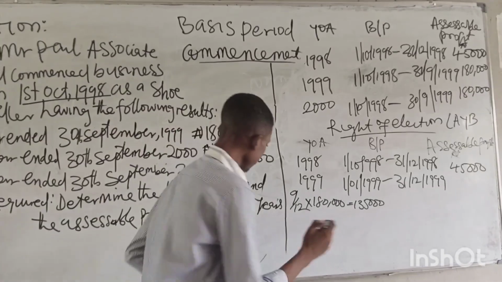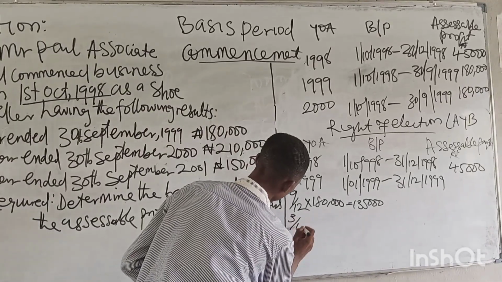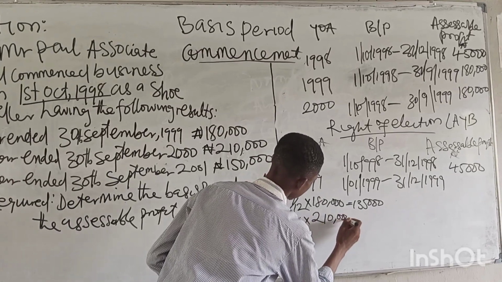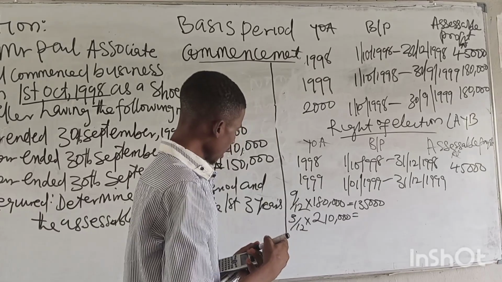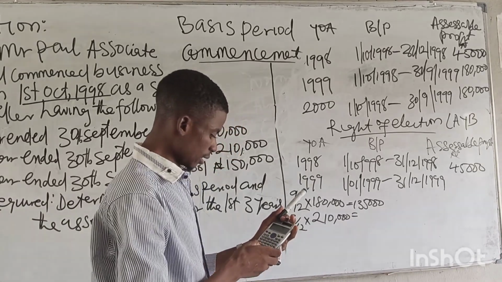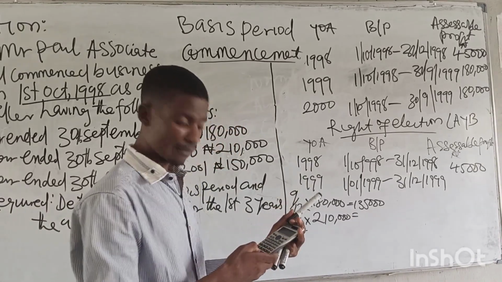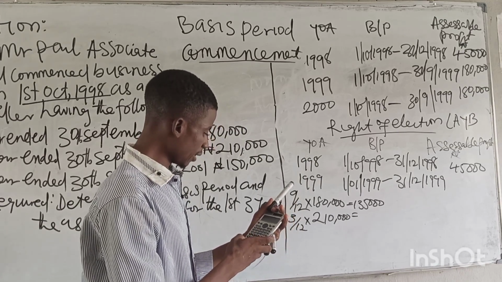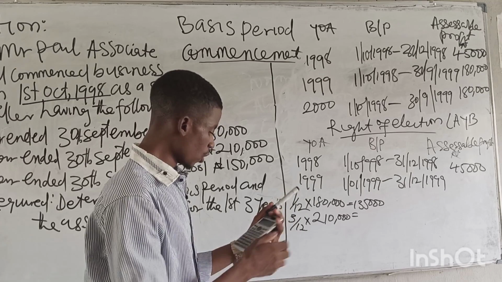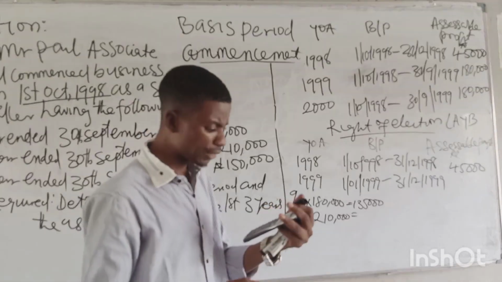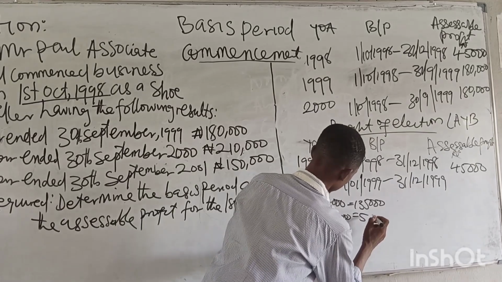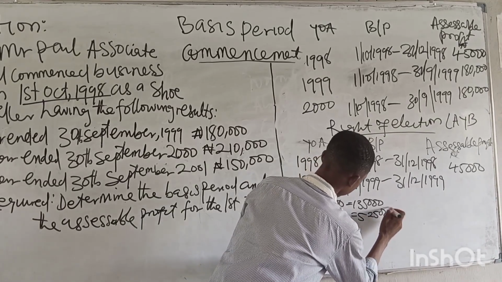So we will now say 3 over 12 times 210,000. Let's calculate it. 3 over 12 times 210, we have 52,500.